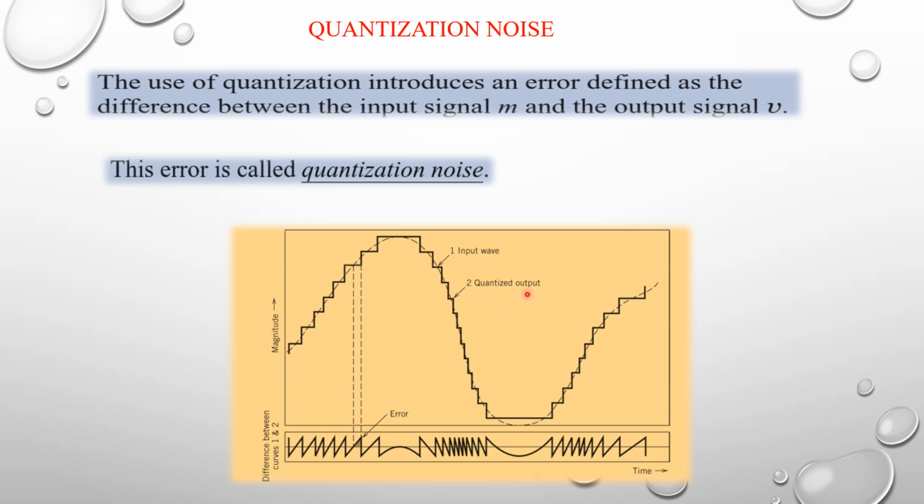Our main goal here is to find the quantization noise. Quantization noise is equal to output signal minus input signal. This is the input signal and this is the quantized output, and this is the error. The error is equal to the quantized output minus the input wave.